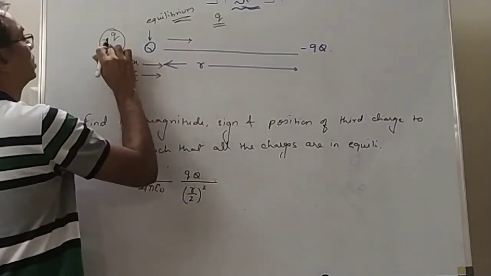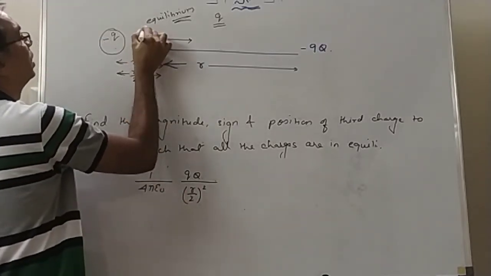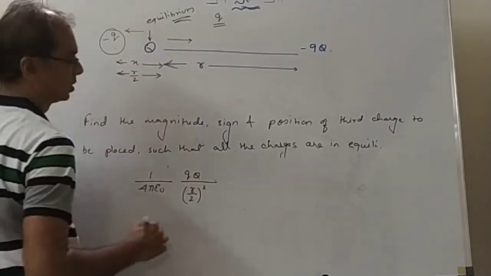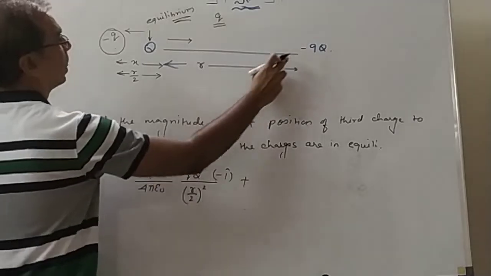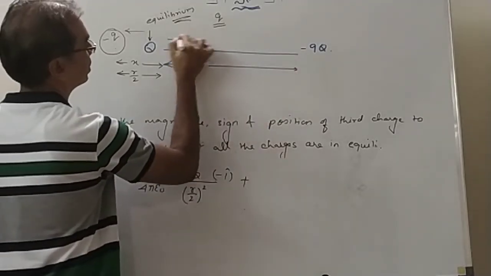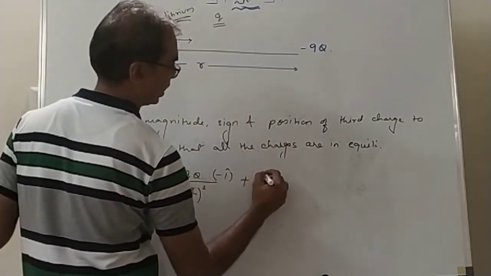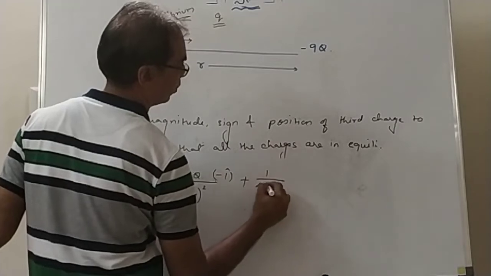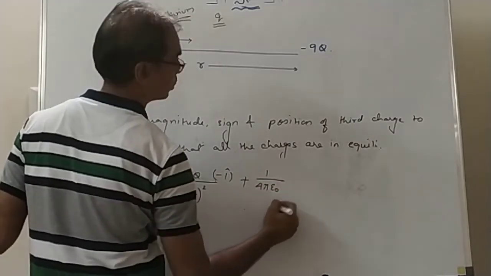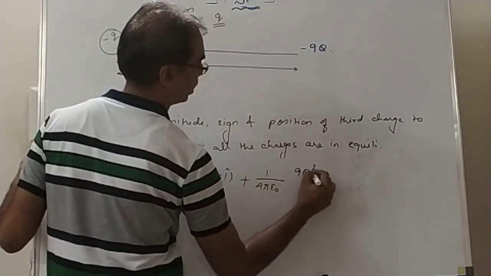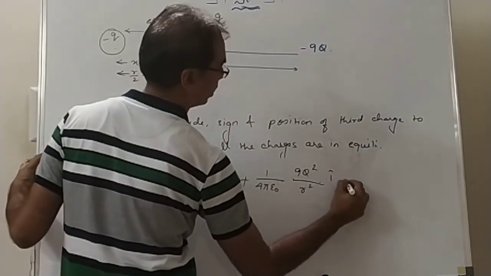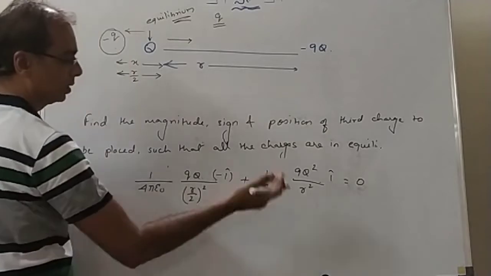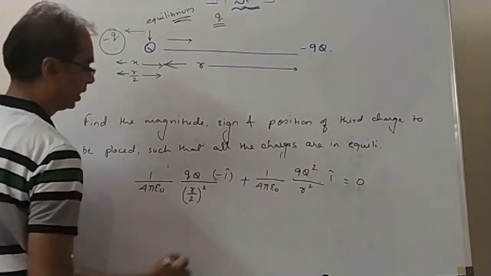Okay. So this is minus, as this q is being attracted by it, so direction is this. So minus i cap, plus this one is also attracting it in this direction, so plus i cap will come: 1 by 4 pi epsilon naught 9q square by r square i cap equal to 0. Now this is minus i, take it that side.